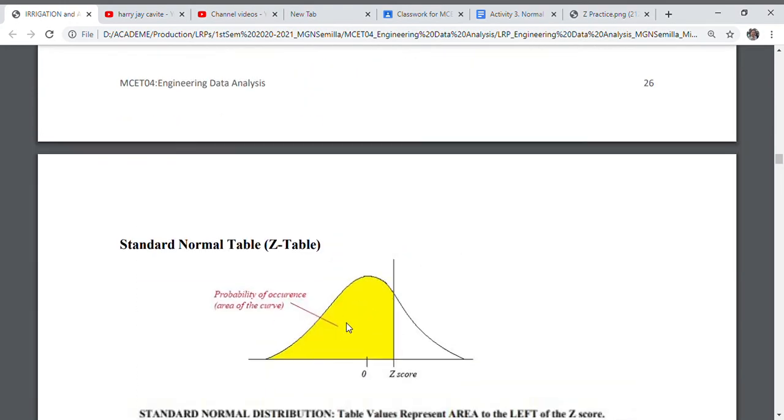So since it's greater than, this area to the right is the one being looked into. In order to find this area, we get 1 minus the probability.